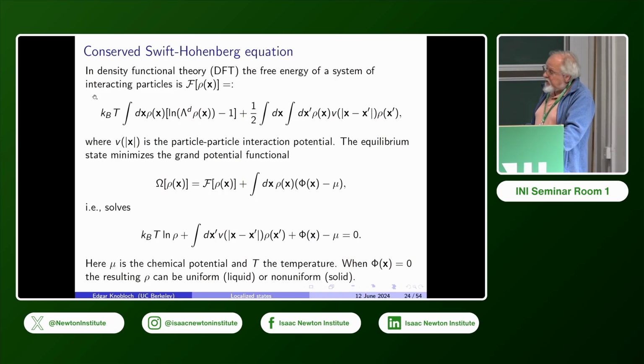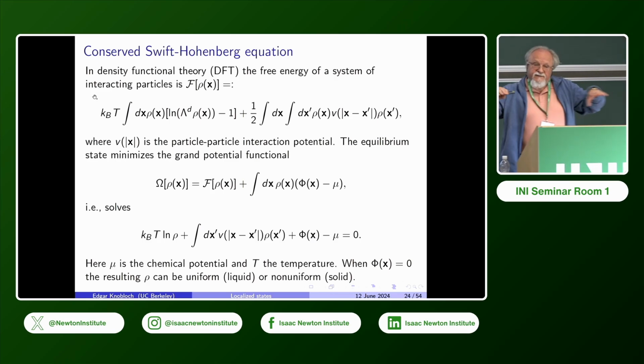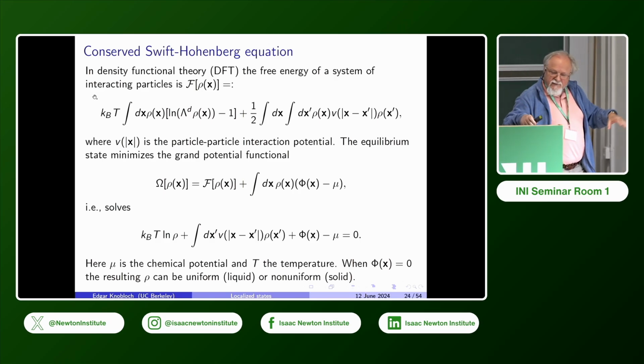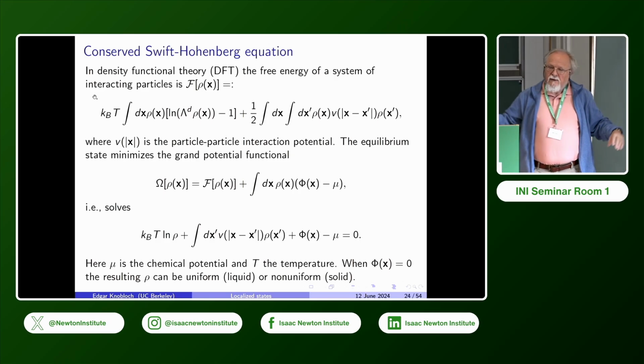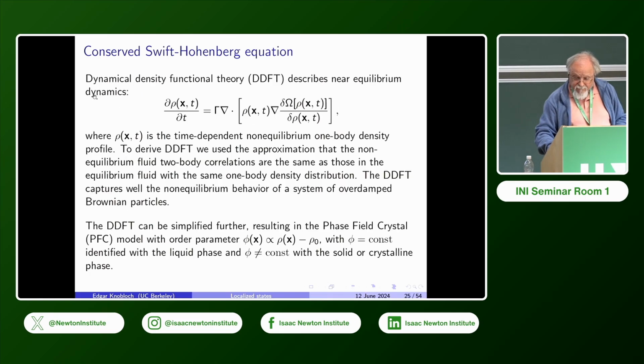The minima then correspond to solutions of this integral equation that depend on the confining potential and this chemical potential mu. And you're interested in solutions of this equation, for example, when phi is 0, where rho is either constant, so you can think of that as a liquid phase, or where it's crystalline, and that would correspond to rho being a periodic function of x.